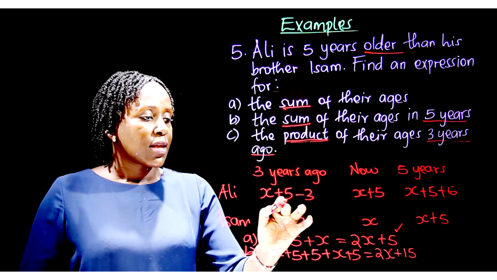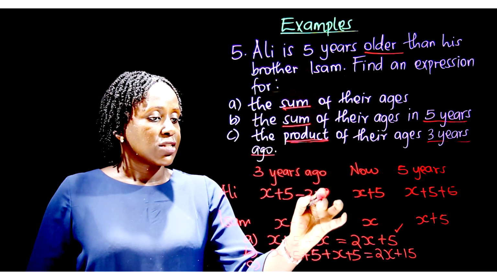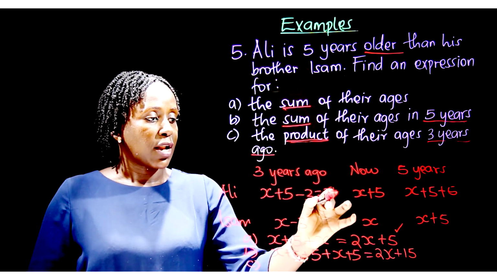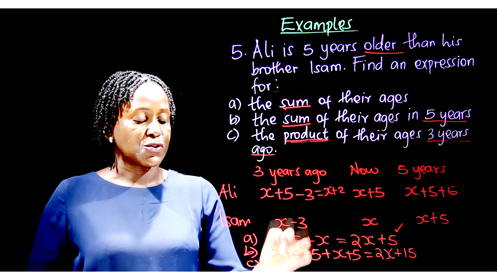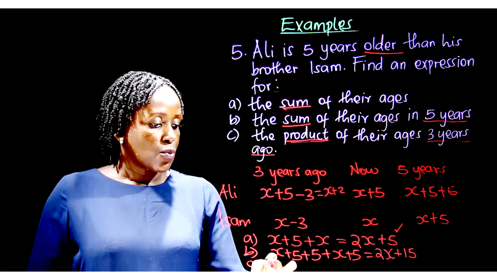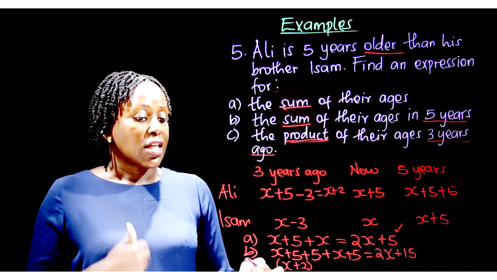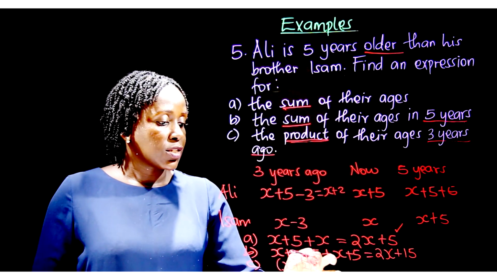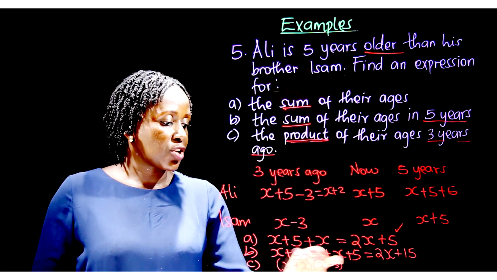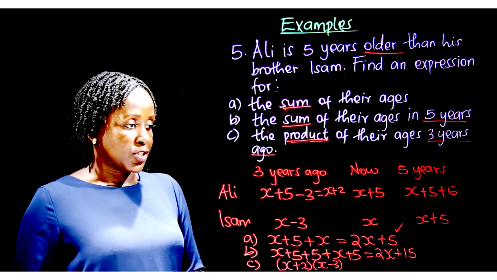So Ali, actually we can simplify this because 5 minus 3 is 2, so it is x plus 2. So the age for Ali 3 years ago was x plus 2, and the age for Isam was x minus 3. So that is how you show multiplication of expressions.